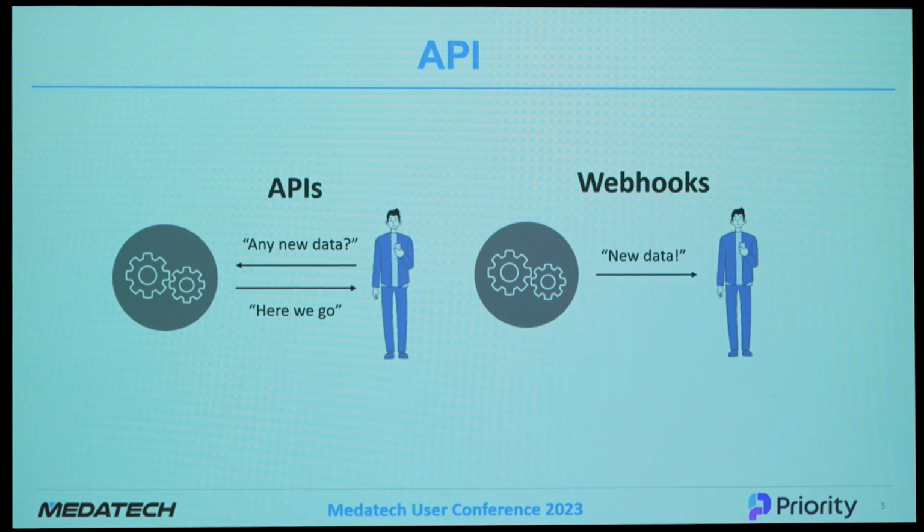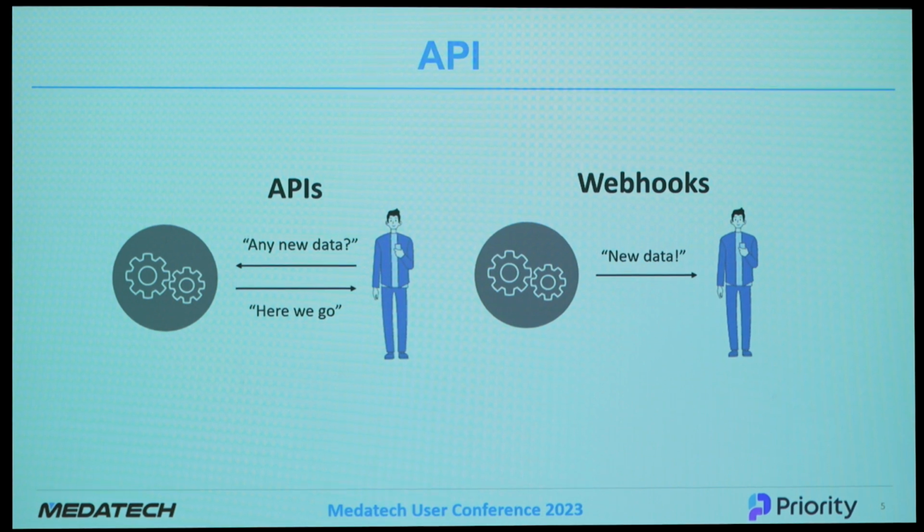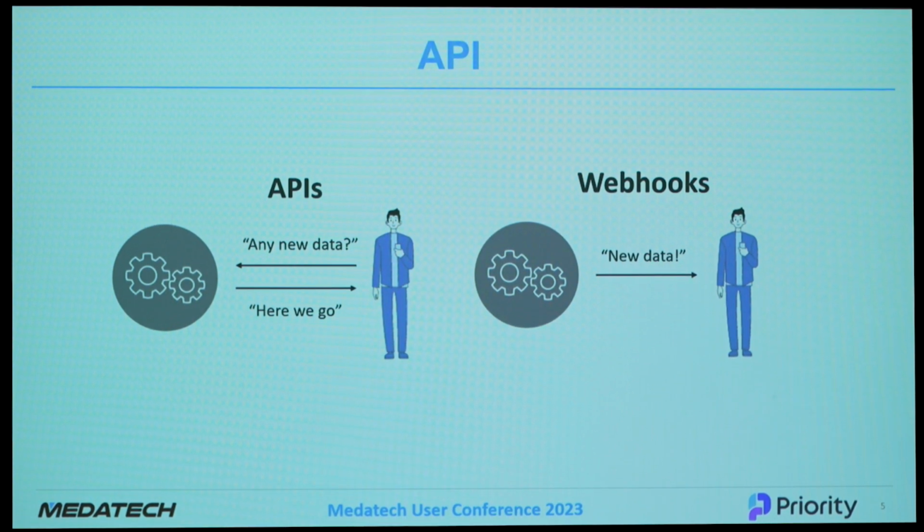The webhook side of things is actually reactive. Instead of checking all the time whether there is something to process, a webhook will be triggered by an event. And when that event happens, when some data appears somewhere, the webhook goes, I've got some data, and it processes that in. So Priority supports both types here, APIs and webhooks on top of APIs. They are used for different reasons.